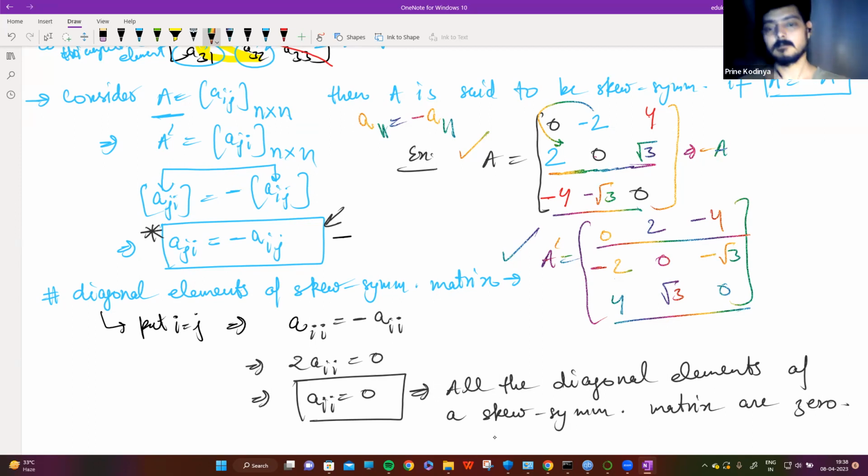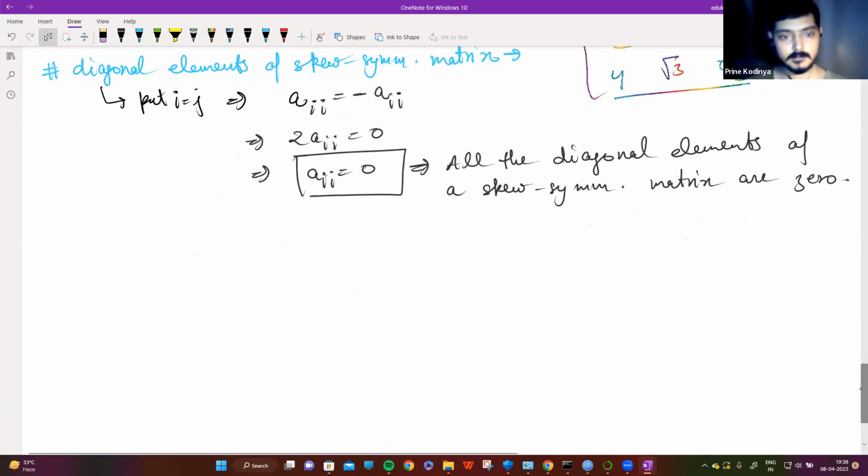Now, to understand if a matrix is symmetric, what will you do? Let's say I give you one matrix and ask you whether it is symmetric or not. What will you do? Just wait, I'll frame my question in a better way. I'll give you one question.